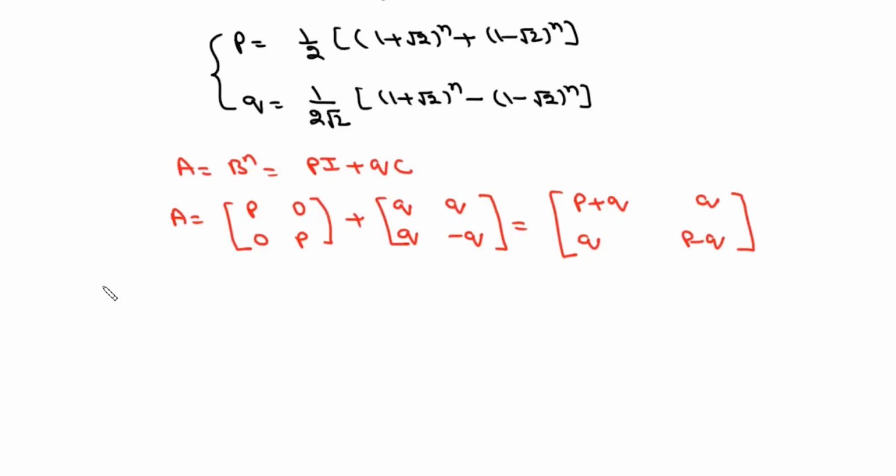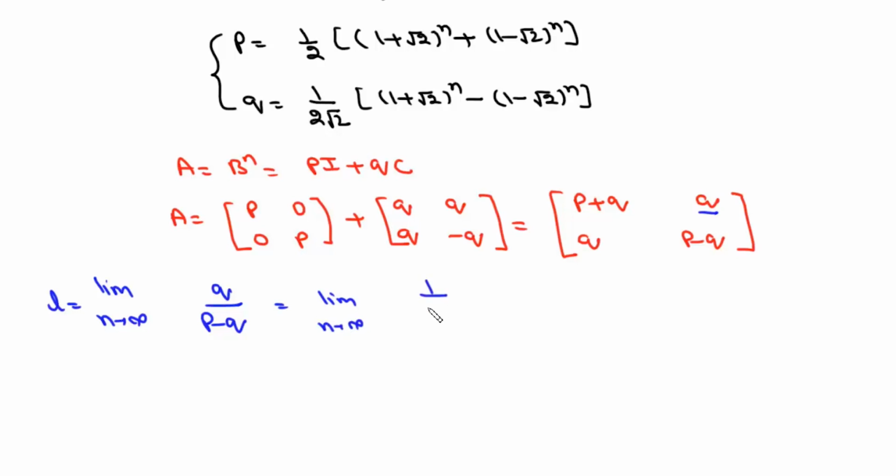Now we need to find this limit as n tends to infinity of A12. Now A12 is first row second column, which is this Q, upon A22, and A22 is P minus Q. And it's given that this is equal to L. Now this is the limit as n tends to infinity.